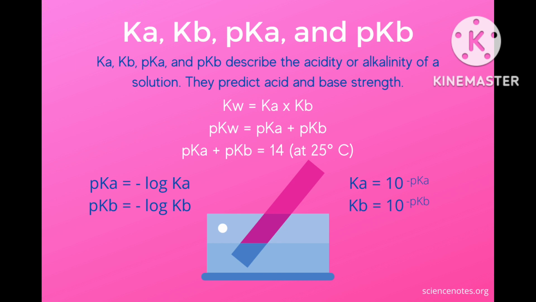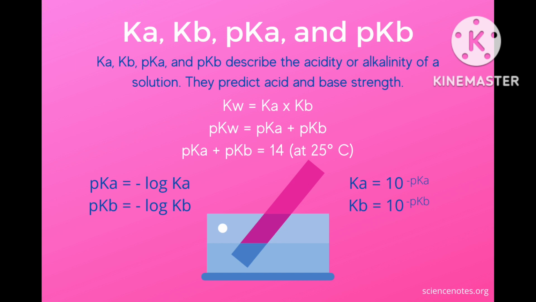And 0.1 M NaOH solution, molarity 0.1, has a pH value of 13. All are above 7, so all are basic; below 7, all are acidic.